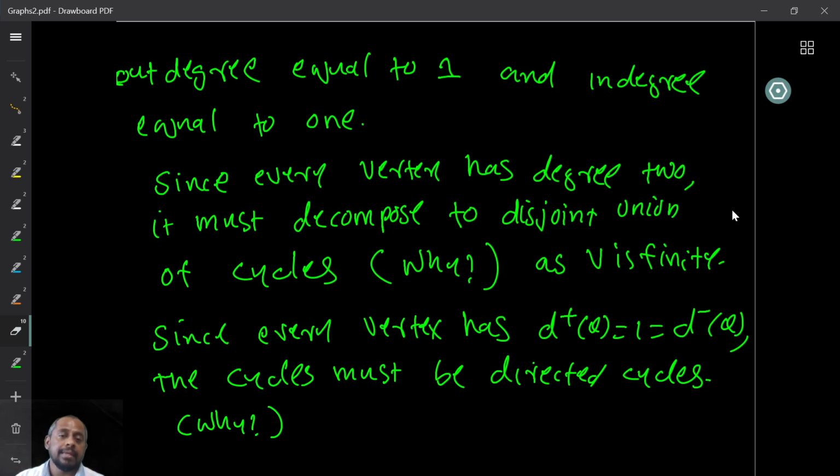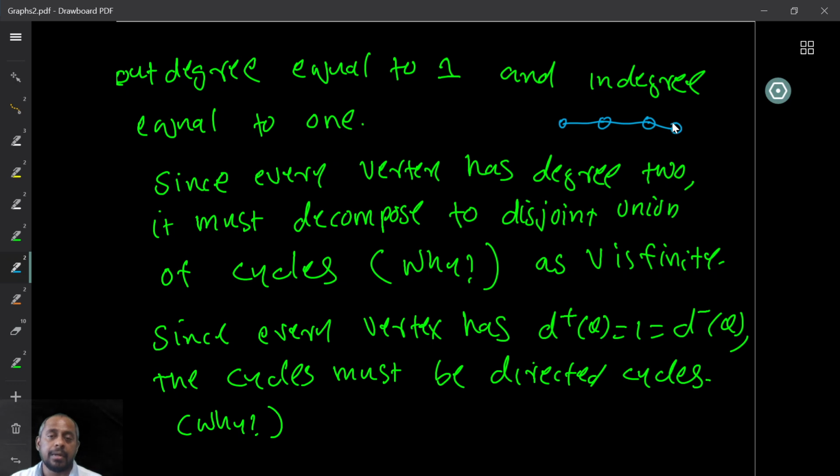So every vertex has degree 2, it must decompose into disjoint cycles. Because when you go into a vertex, right? You can also go out of it, right?